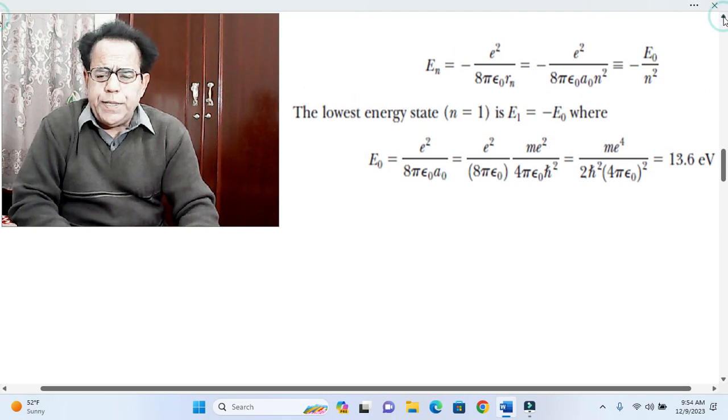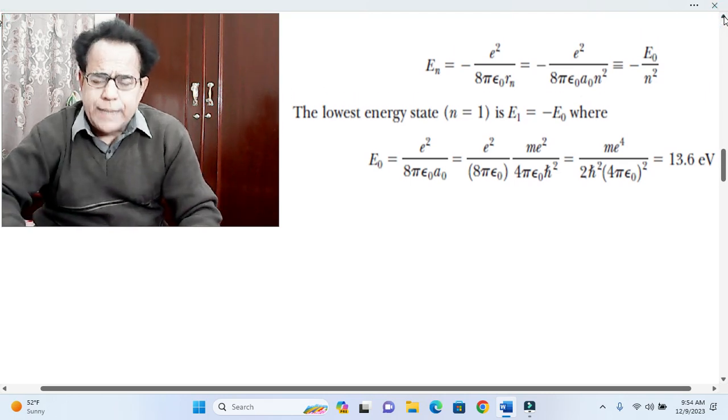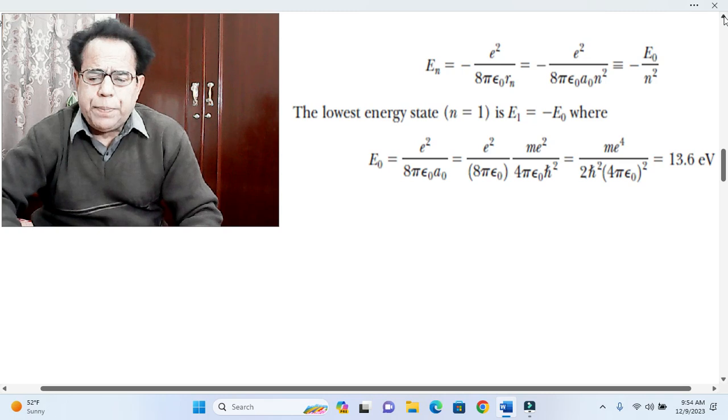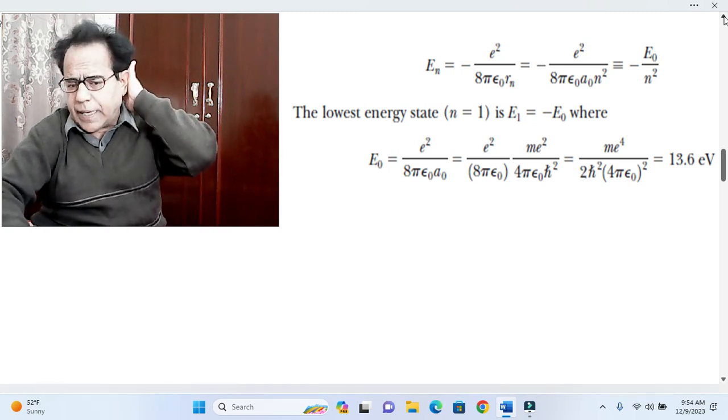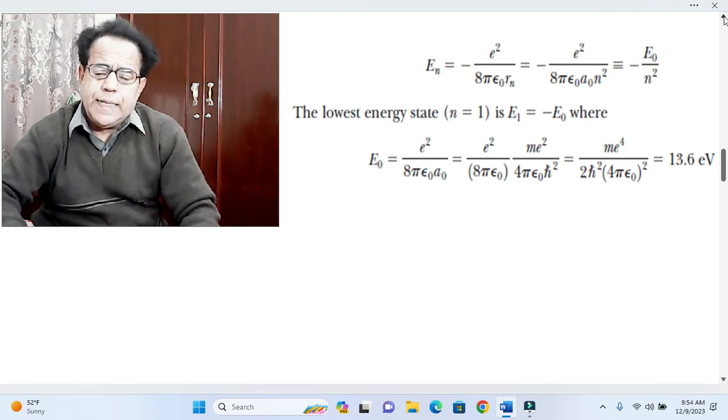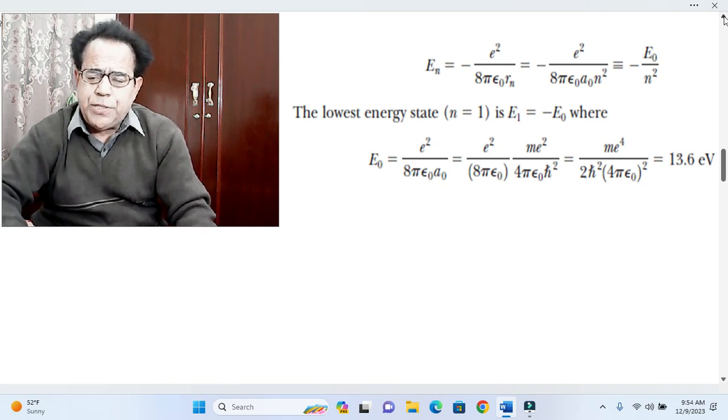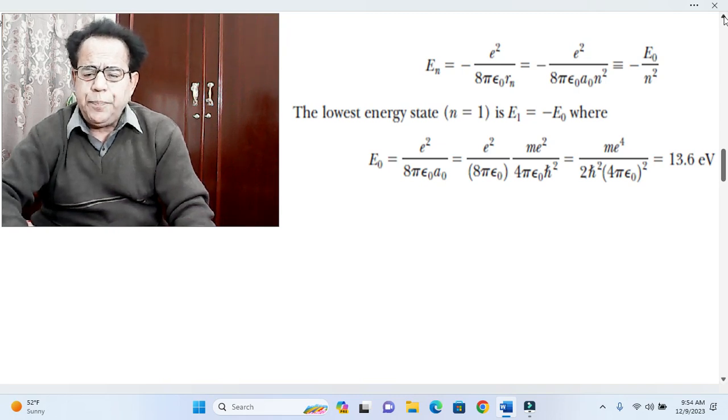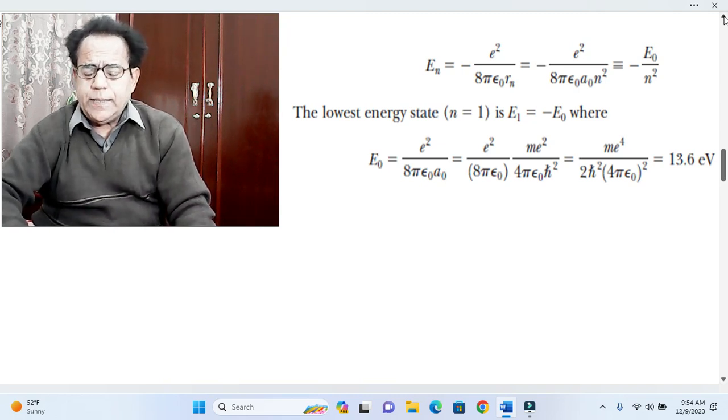Next snapshot is about En equal to minus e square over 8 pi epsilon naught Rn. This alternatively becomes equal to minus e square over 8 pi epsilon naught a naught n square. Dear students, here a naught is Bohr radius.